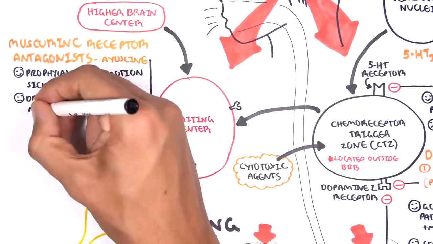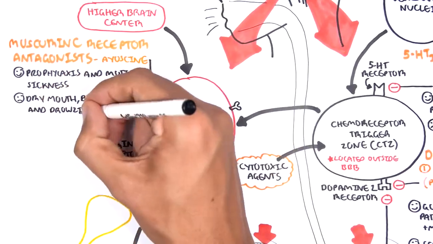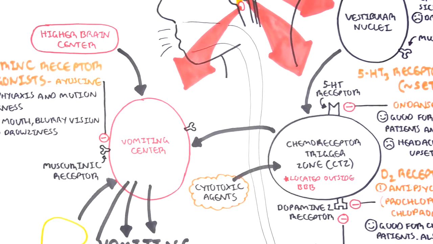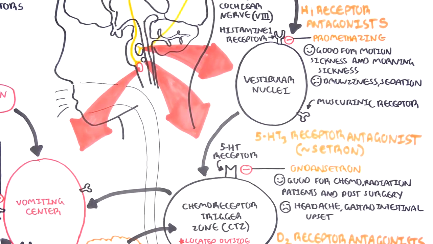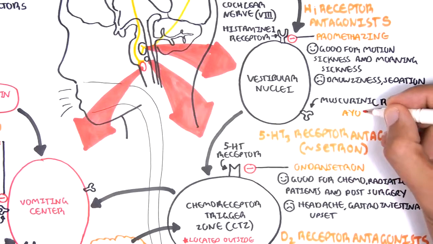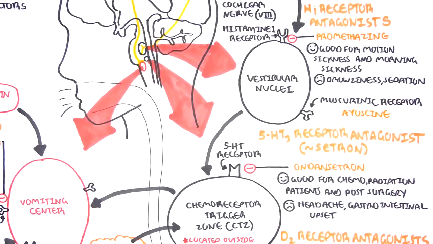It's easy to remember these side effects because they are anticholinergic side effects. And remember Alice in Wonderland for the anticholinergic syndrome. The muscarinic receptor antagonists are good as prophylaxis and for treating motion sickness because they also work at the vestibular nuclei, which is where the whole process is, if you remember.